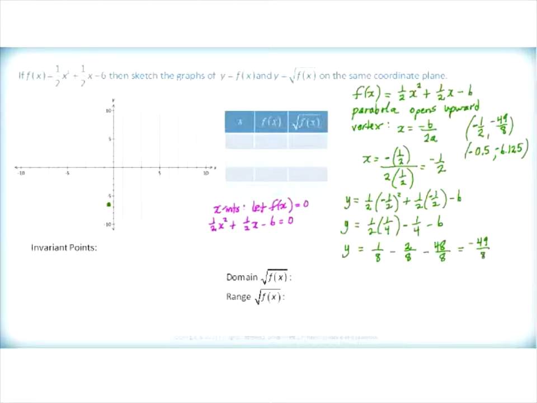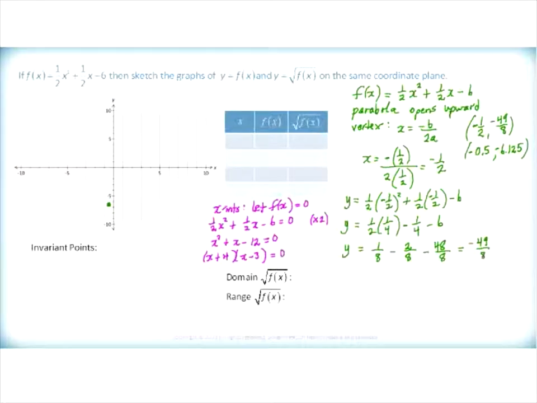In order to get rid of all the fractions, we can multiply both sides of the equation by 2. That would result in x squared plus x minus 12 is equal to 0. This equation is now factorable. We have two factors of negative 12 that have a sum of positive 1. So the factors would be x plus 4 multiplied by x minus 3 to equal 0.